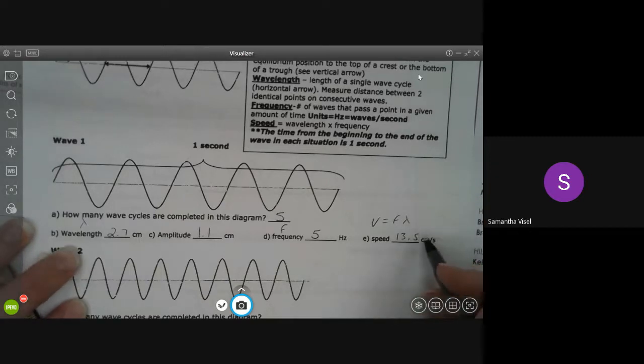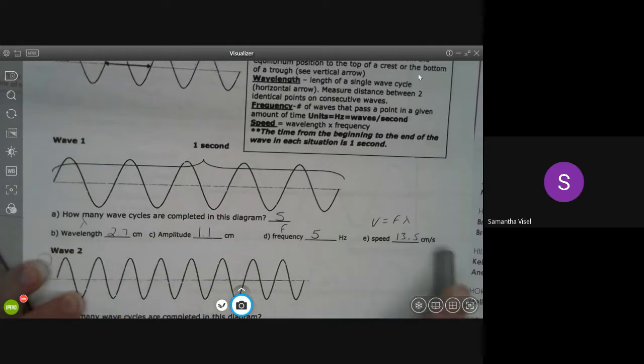And our units are in the meters form, just in centimeters, but we do have our speed in the appropriate metric units. So in this particular case here, then we're all done with this assignment. I'm sorry, in this section.